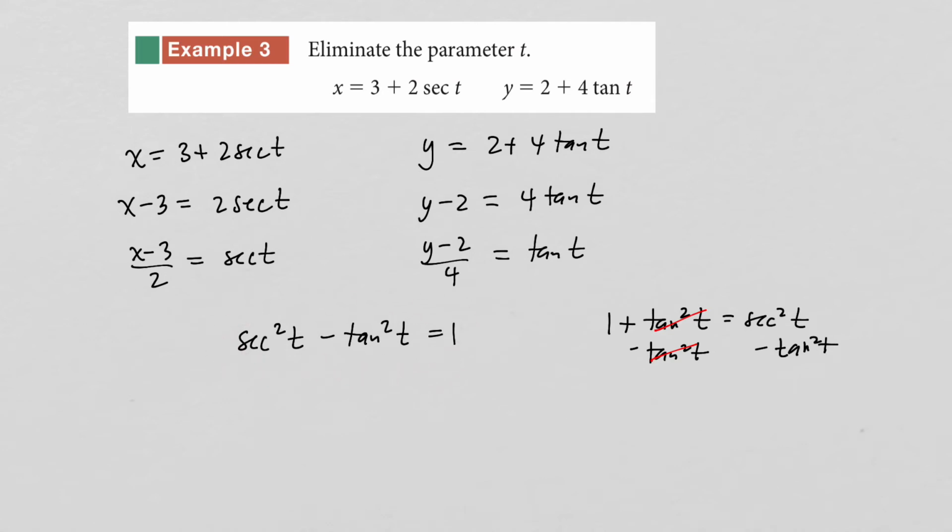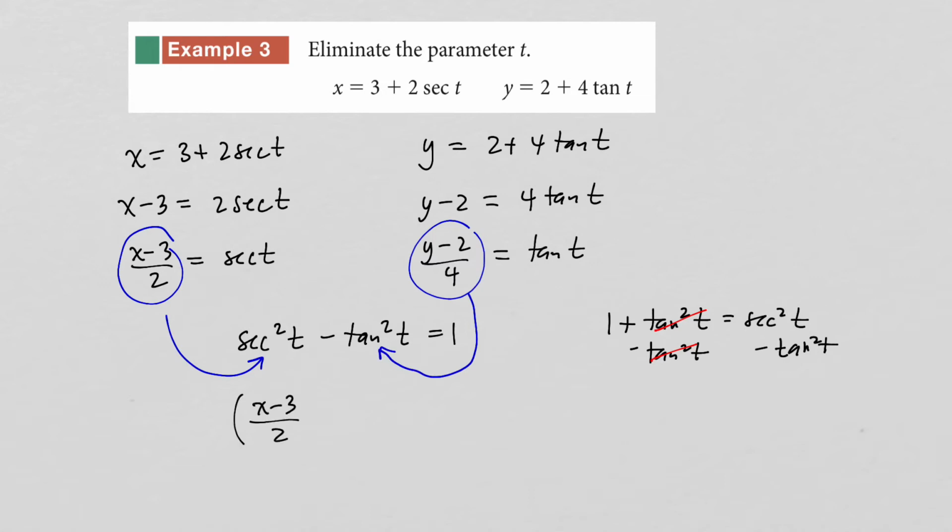But again, we know that secant of t is (x minus 3) over 2, so we can take this expression and put it in for secant. Tangent of t is (y minus 2) over 4, we can put that in here. And in doing that, we end up getting ((x minus 3) over 2) squared minus ((y minus 2) over 4) squared is equal to 1.